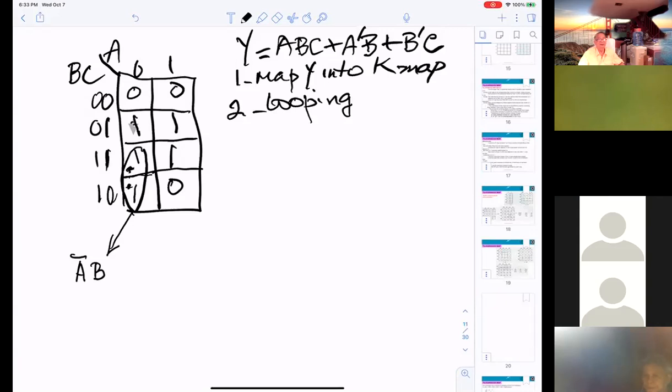And now you still get another 1, 2, 3 ones. You must keep looping until there are no more 1s inside the K-map. So who can get this done?